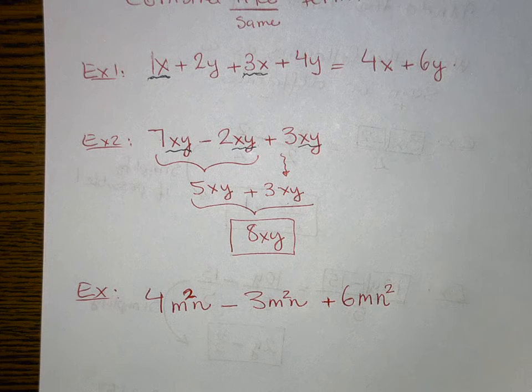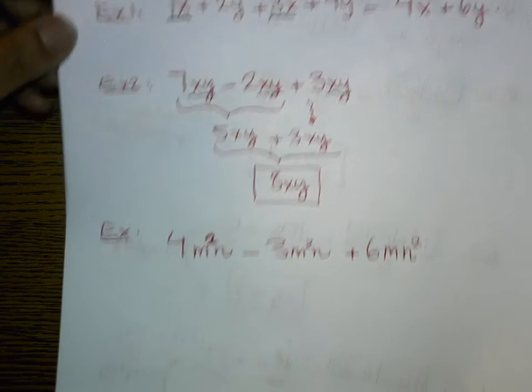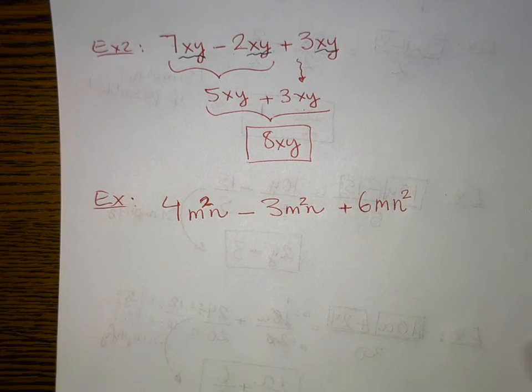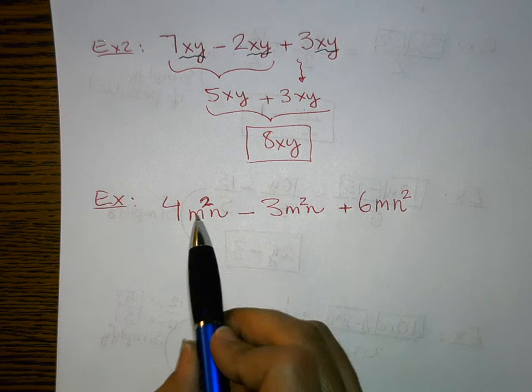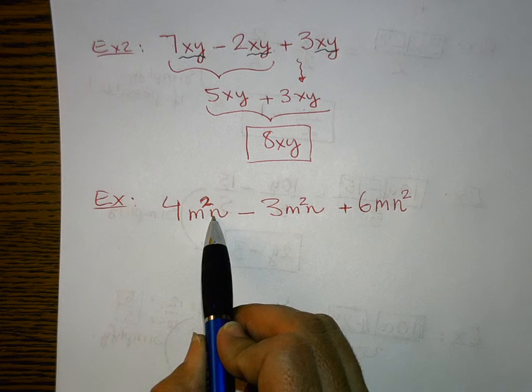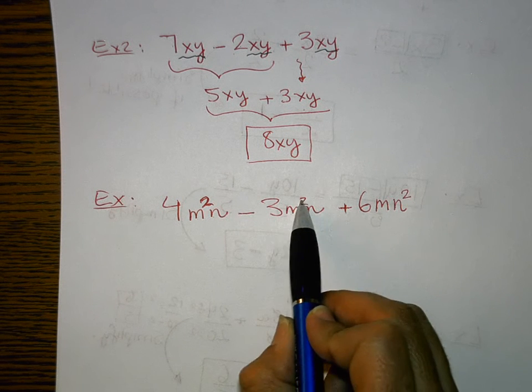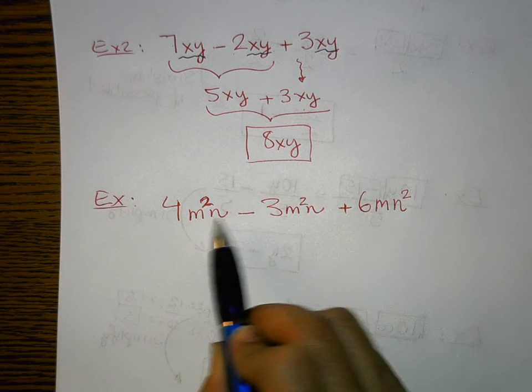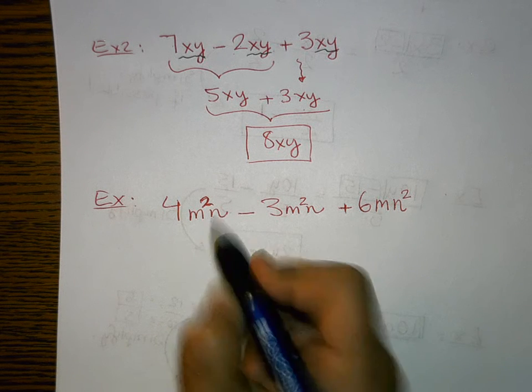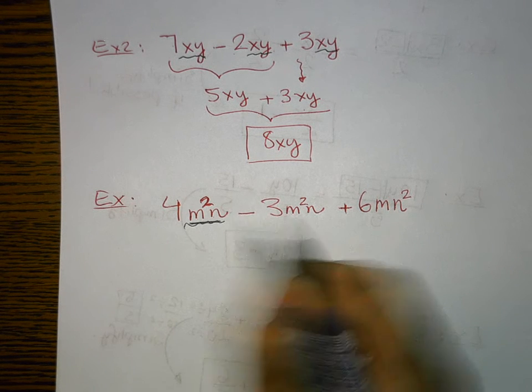Okay, so let's take a look at it, and let's see. I have a m squared n. Here I have a m squared n. These 2 terms are the same. So you look at it, this guy over here and this guy over here are the same.